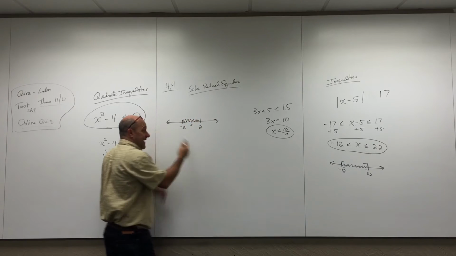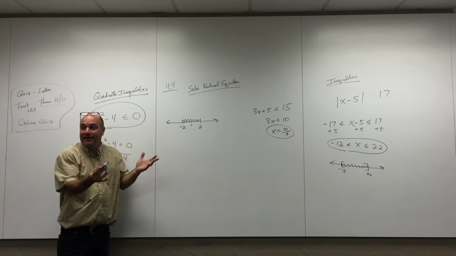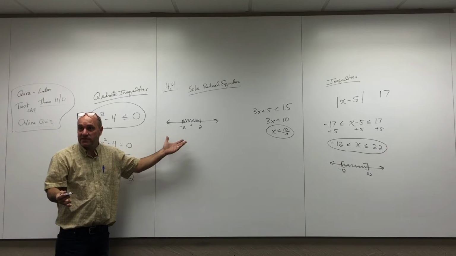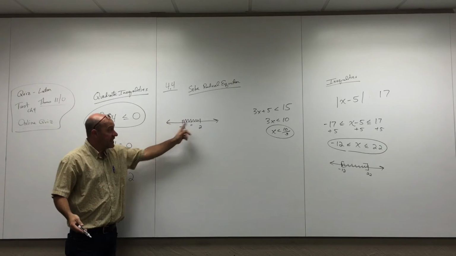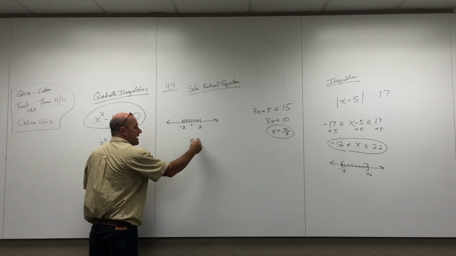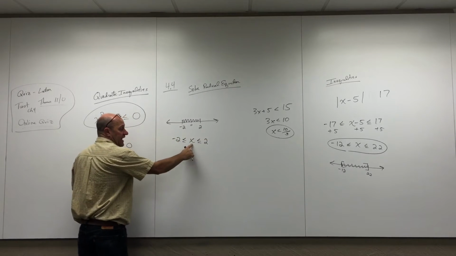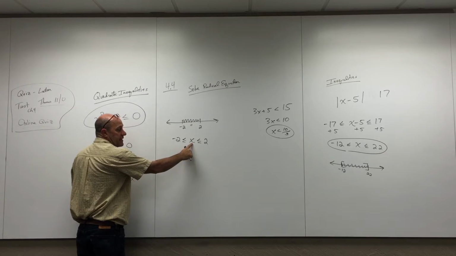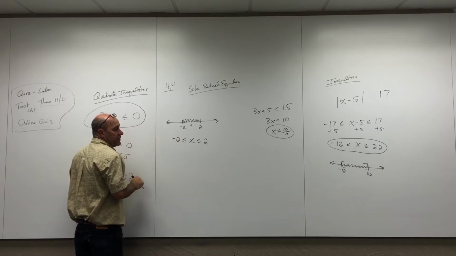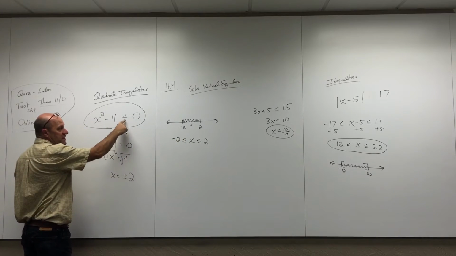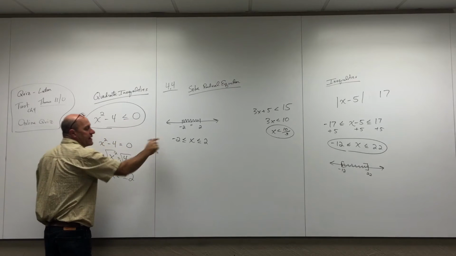And that's the answer. My answer is all the numbers between -2 and 2. x is less than 2, but at the same time it's greater than or equal to -2. It was equal to, so I'm including that.